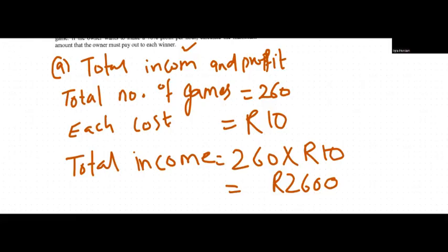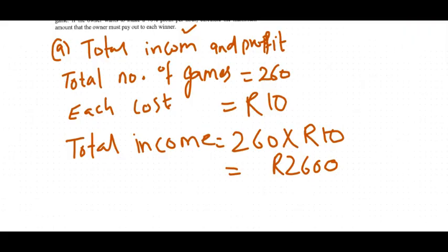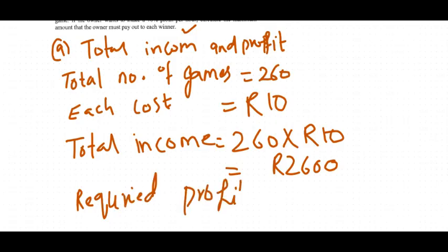Okay. So the owner wants a 70% profit. How can we say that? The required profit is 70%, so we convert it into 0.70 and multiply it with this R2600.